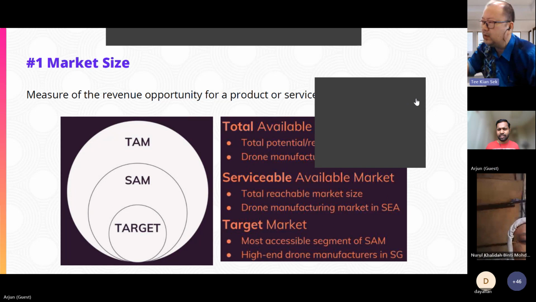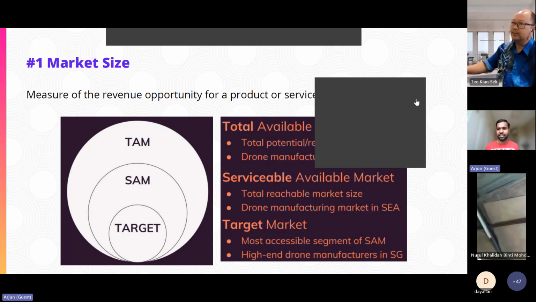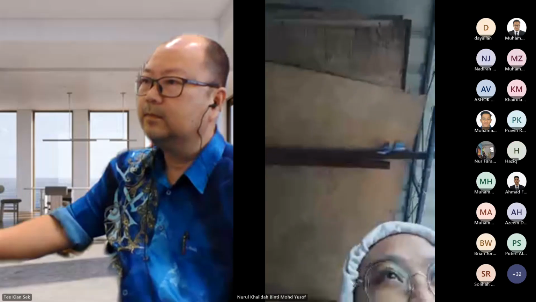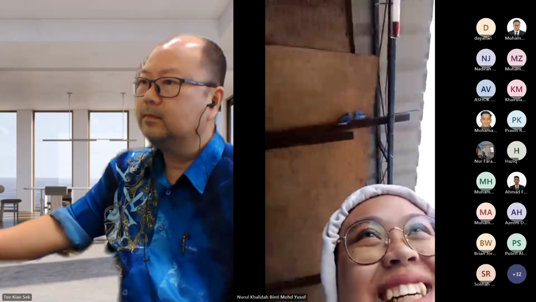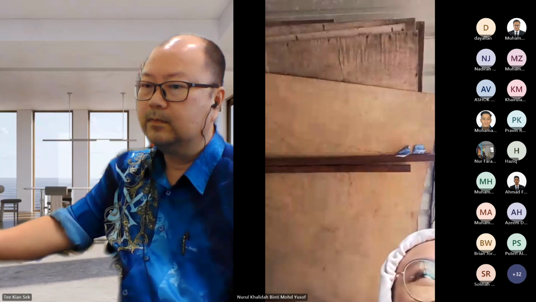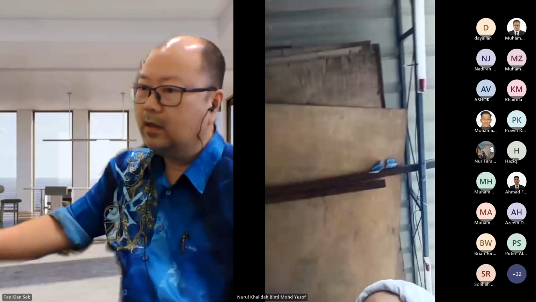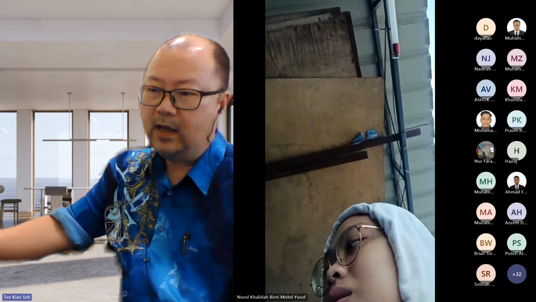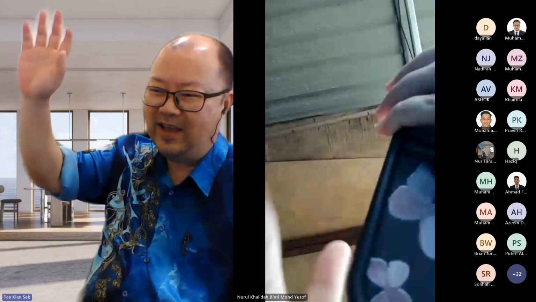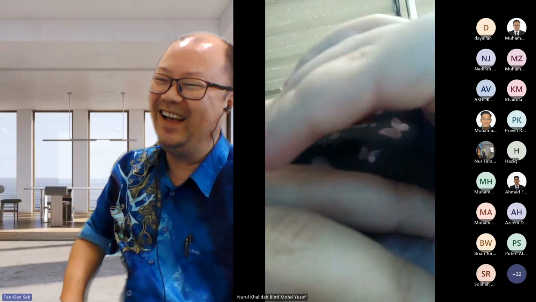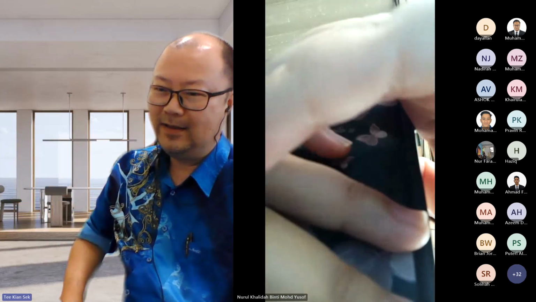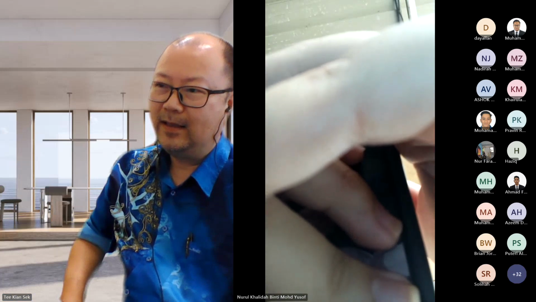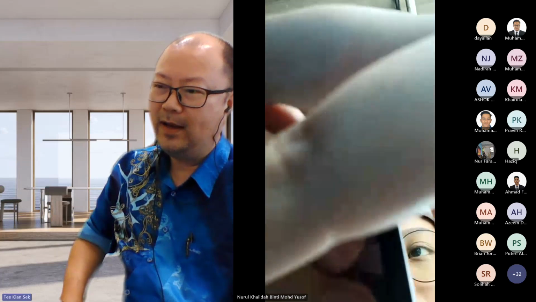It seems to be a black spot there. Nurul Karida, I can see your camera.